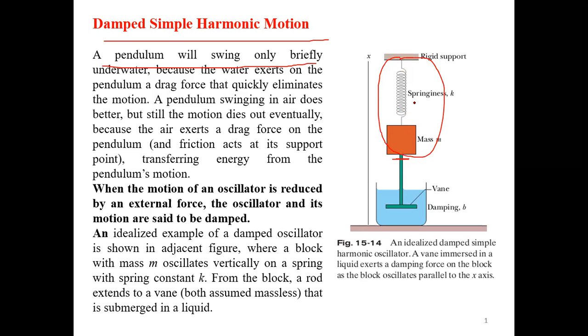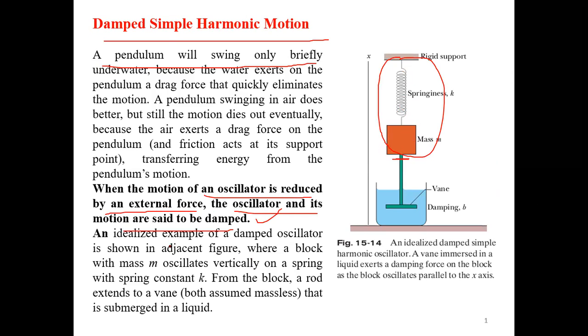When the motion of an oscillator is reduced by an external force, the oscillator and its motion are said to be damped, and this system is called a damped harmonic oscillator.